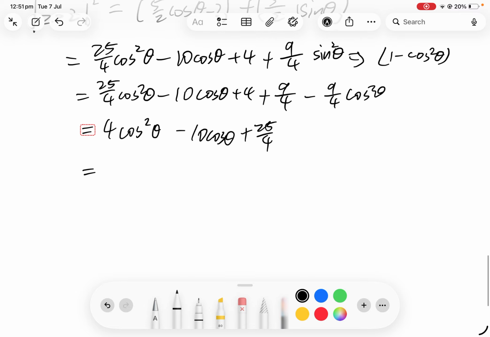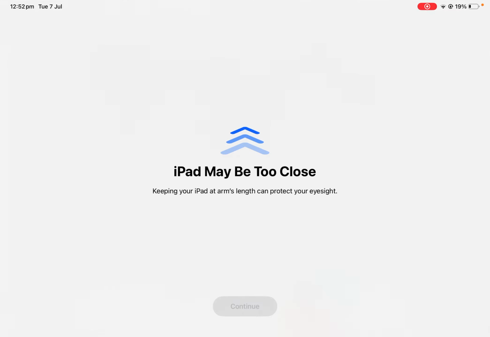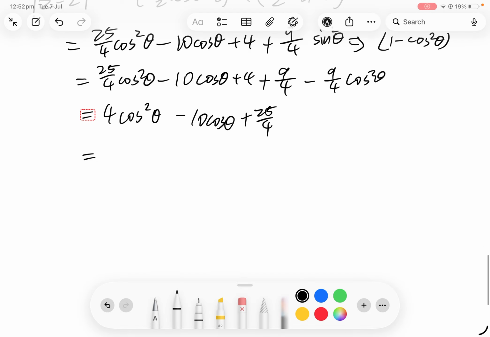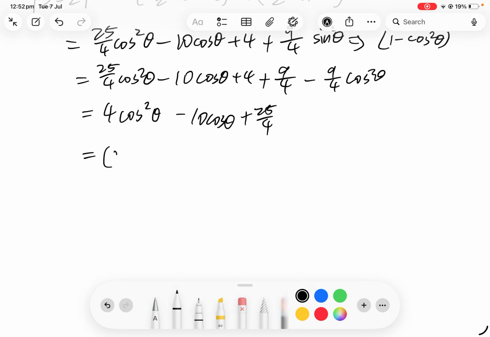And basically, then if that's the case, we can make that into 2 cos theta minus, well, no, because 2 cos theta is the maximum, well, it should be 5 over 2.